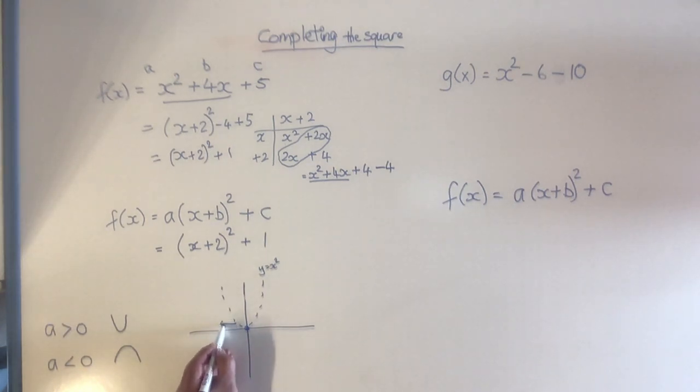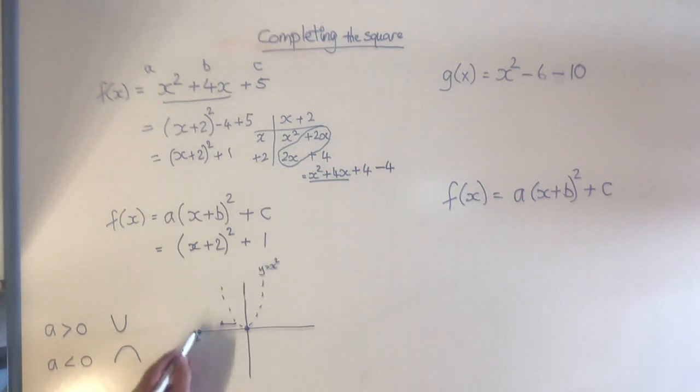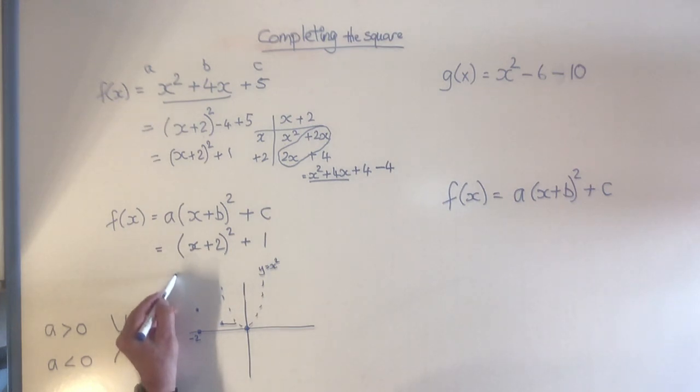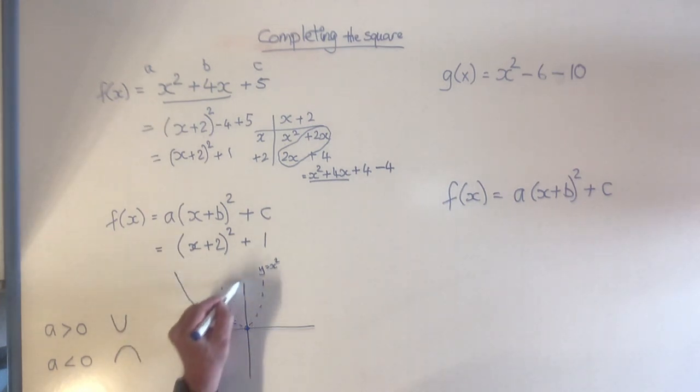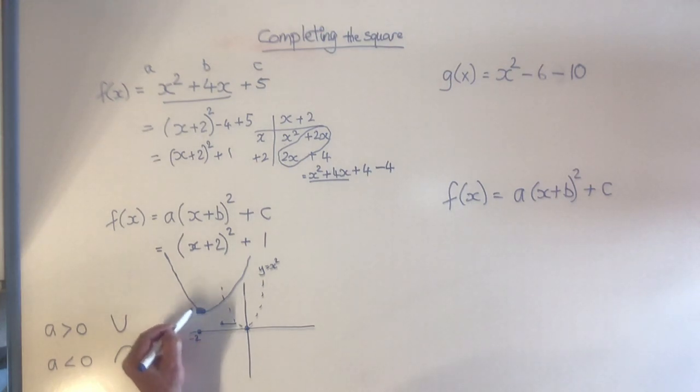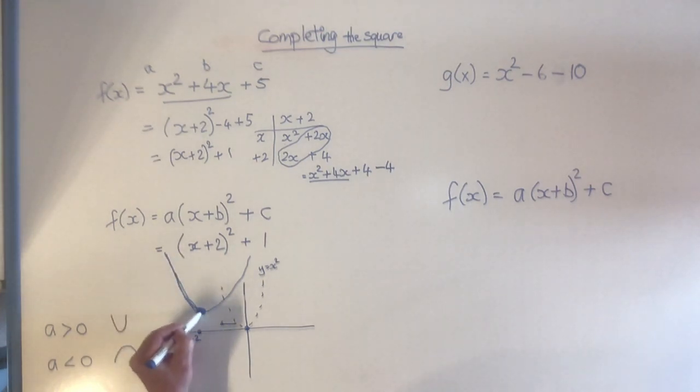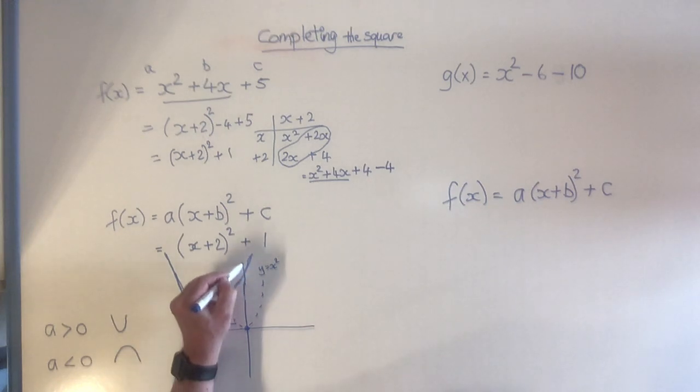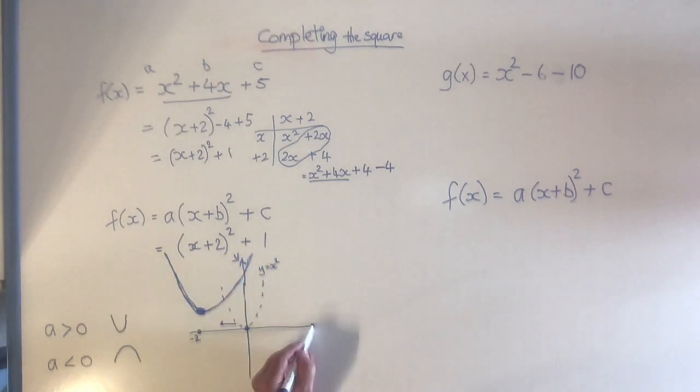So we move it that way, and this point here is now minus 2, 0. And the 1 does what you think it would do, moves it up 1. So our quadratic now looks something like that. If we can draw it properly, it moves something like that. This is the y-axis and this is the x-axis.